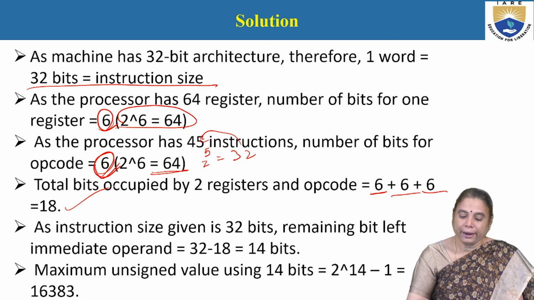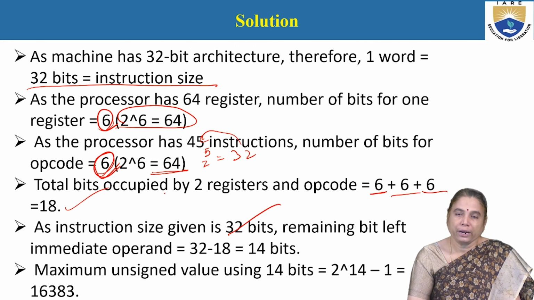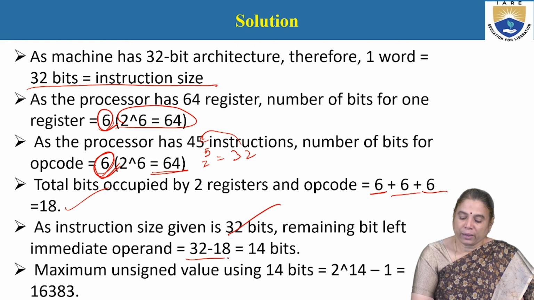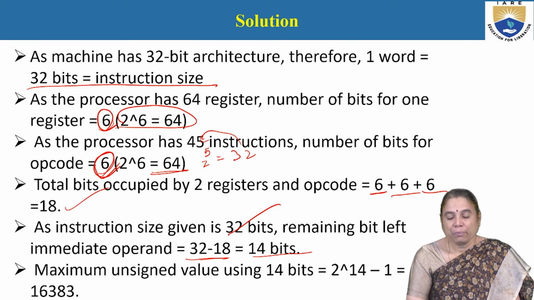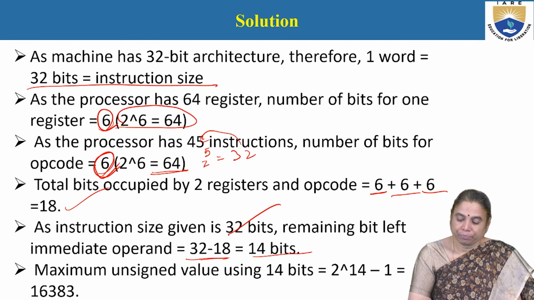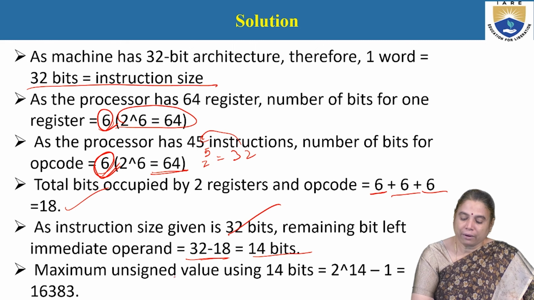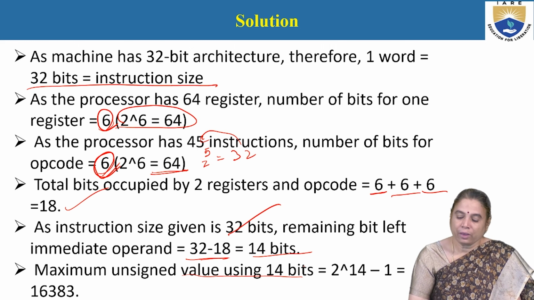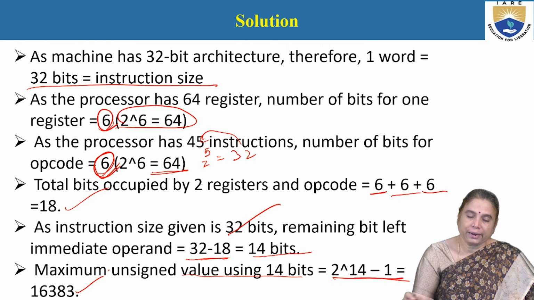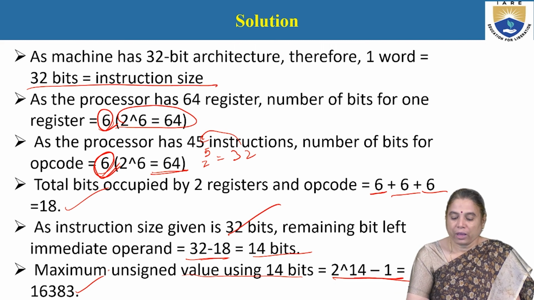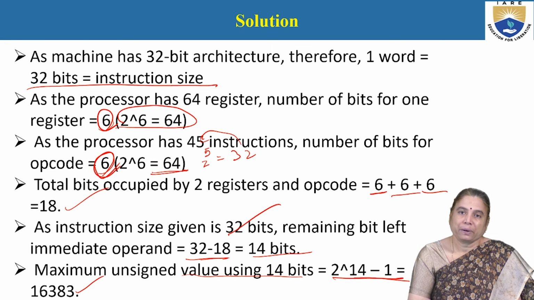So total 18 bits, and the maximum size is 32. 18 is for representing the opcode and 2 register identifiers. So 32 minus 18, 14 bits can be used for the immediate value representation. So the maximum unsigned value using 14 bits is 2 power 14 minus 1, that is 16,383, is the maximum value that has to be represented.